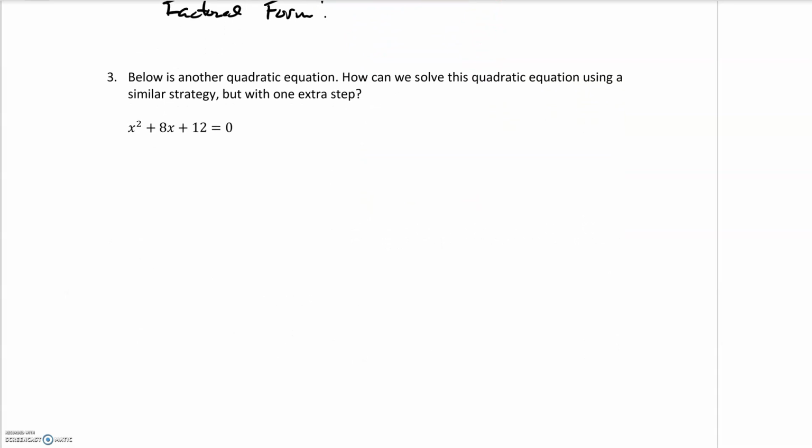Notice this equation is written in standard form. And we don't really know how to solve equations directly from standard form. However, if we can somehow rewrite this equation into factored form, then we could solve it.